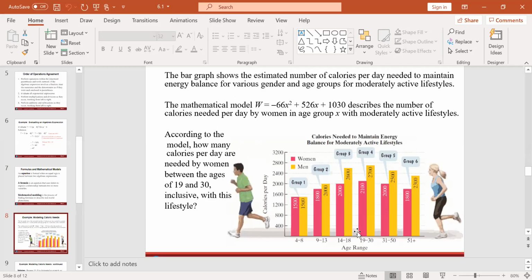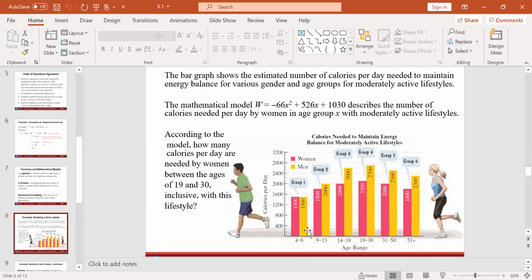You can talk about mathematical modeling. You can even use this expression here, W, which represents the number of calories needed per day by women in a certain age group.